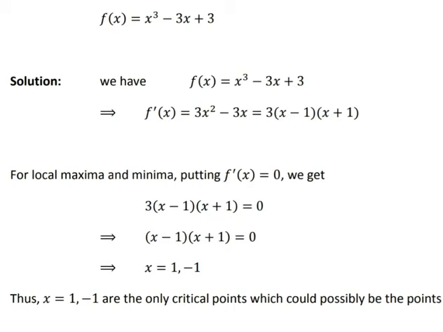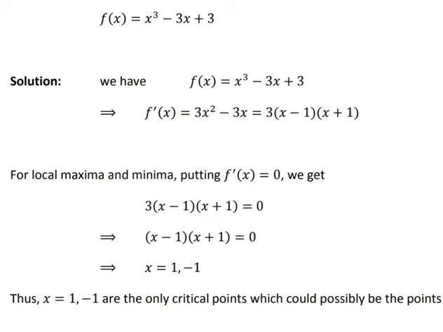So f prime of x, or the derivative of the given function, is a formula to find out the slope of the tangent at any point on the graph if we know the variable x.